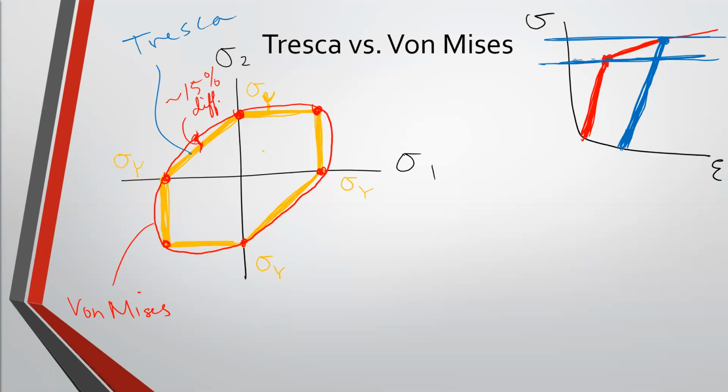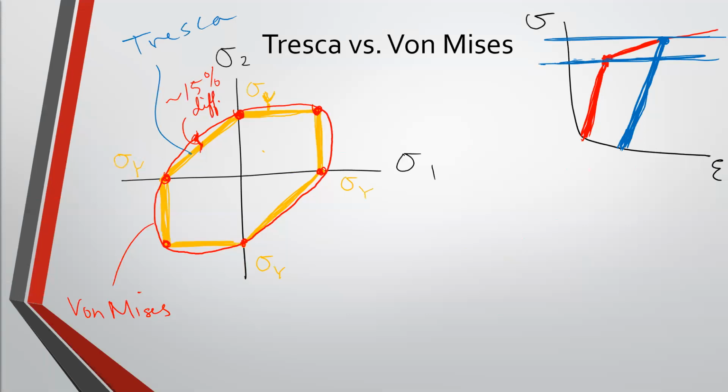And it's about a 15% difference. Now the von Mises is more accurate. So if you're doing it by hand and for whatever reason you think Tresca is going to be easier for you to do, that's fine. Just know that you're being slightly conservative. If you are analyzing something using computer software and you're looking at stresses, and I would argue that in that case, if it's just a click of a button to compare Tresca versus von Mises, there's no reason not to choose von Mises.